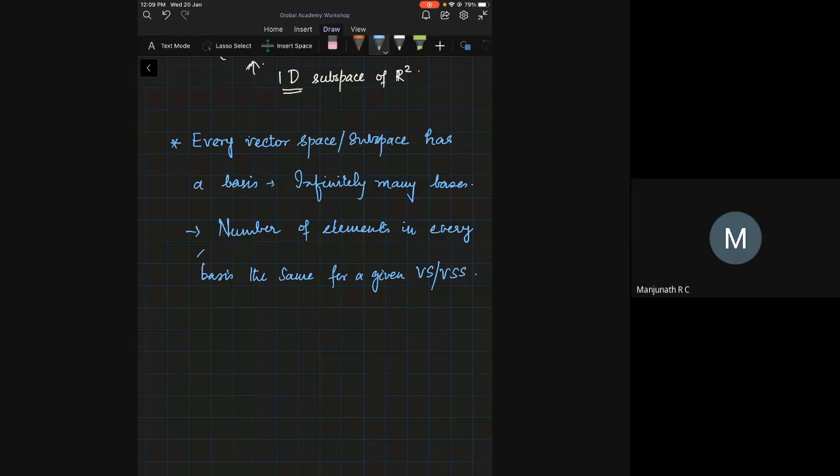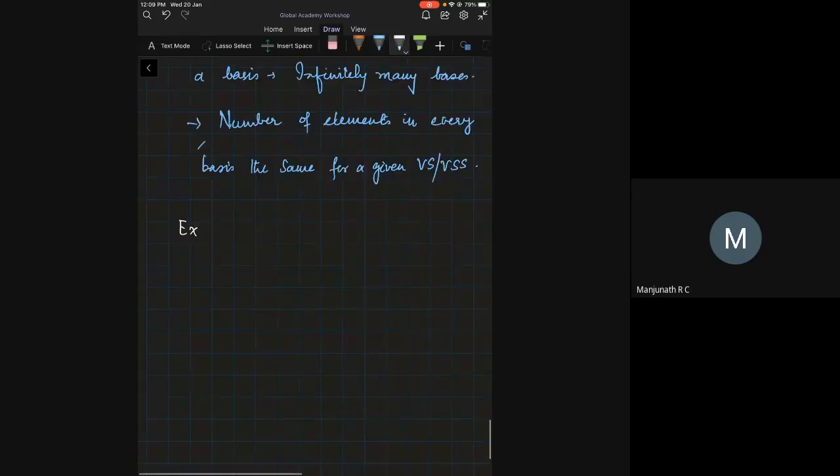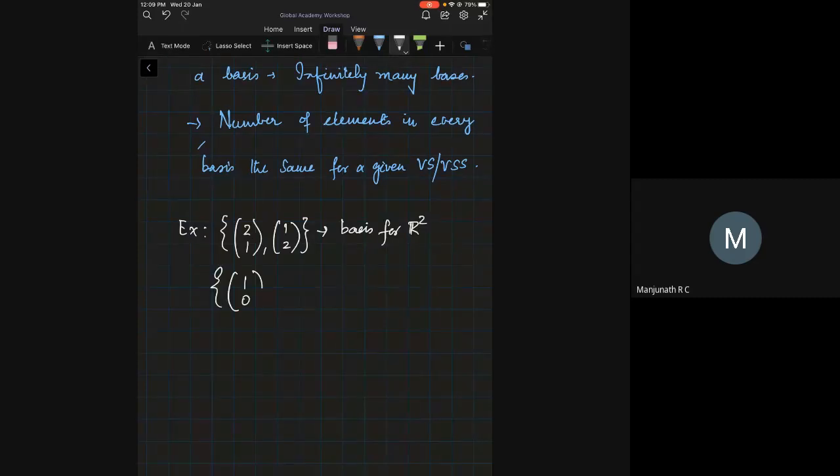Now let's take an example. We already saw (2, 1), (1, 2) is a basis for R2. Can someone tell me any other basis for R2? (1, 0), (0, 1) is another basis for R2. Is that right?